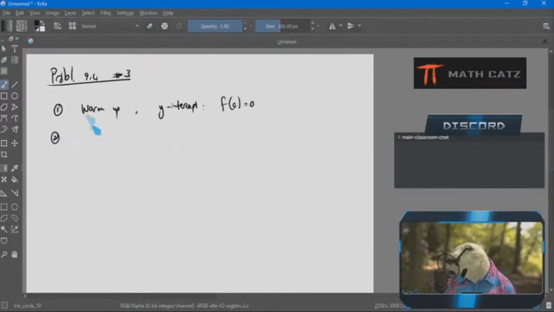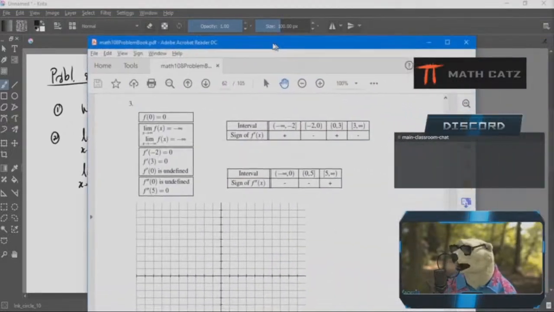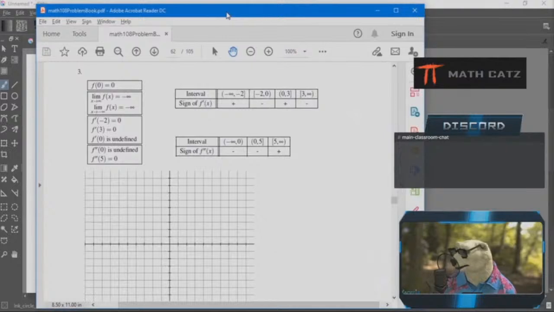Then when I come to step 2, now I don't have to number all this, but it makes it feel familiar. The limits, long-term behavior limits, far to the right, negative infinity, far to the left, also negative infinity. So nothing interesting in terms of asymptotes. We'll wait for something more before we start our graph.